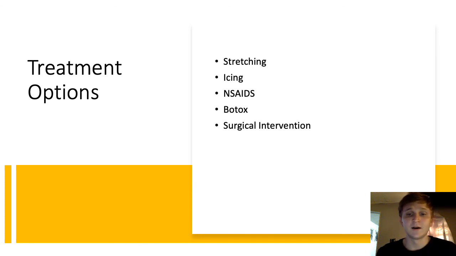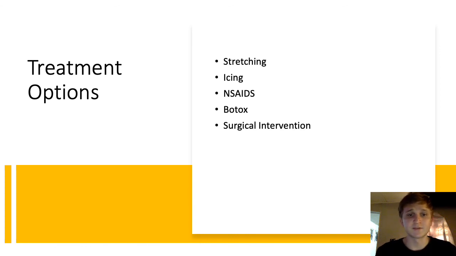So I have here some treatment options for piriformis syndrome. The first would be stretching. Second, icing to reduce inflammation. NSAIDs can be taken to do the same thing, reduce inflammation.